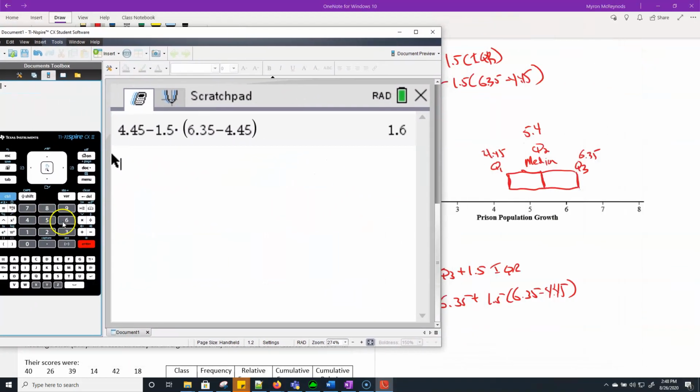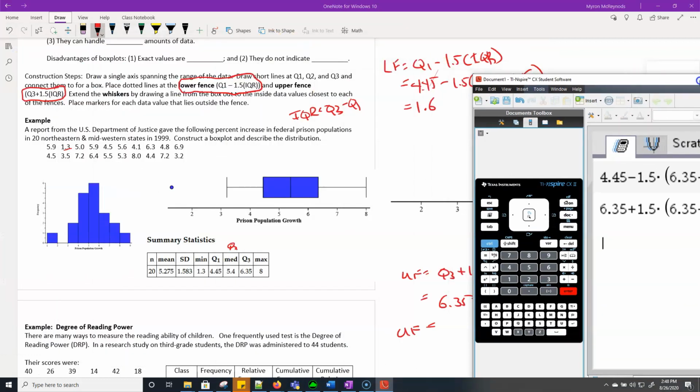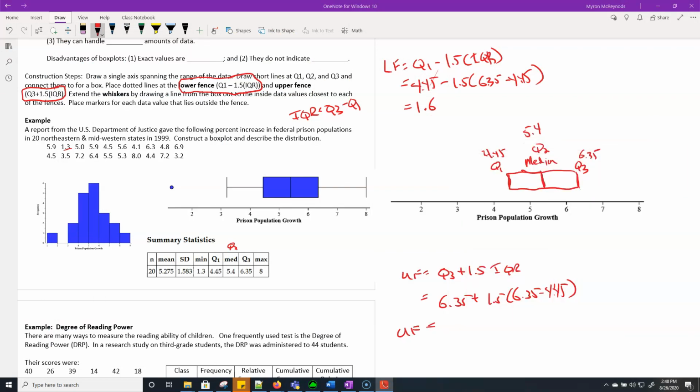So it is 6.35 plus 1.5 times 6.35 minus 4.45, and it's 9.2. So 9.2 is the upper bound of the fence.